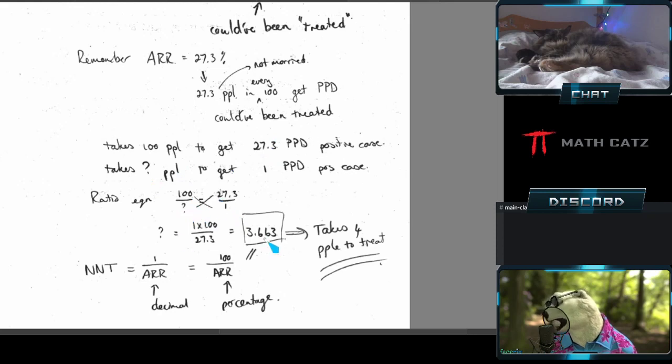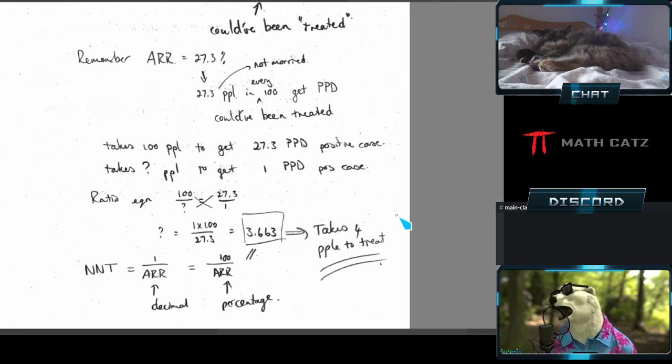I cross multiply, I get 3.663. So of course I want to round up because I need to take a whole person. So it takes 4 people selected randomly from the not married group, and I will have a person that has, statistically speaking, postpartum depression, but it could have been avoided.